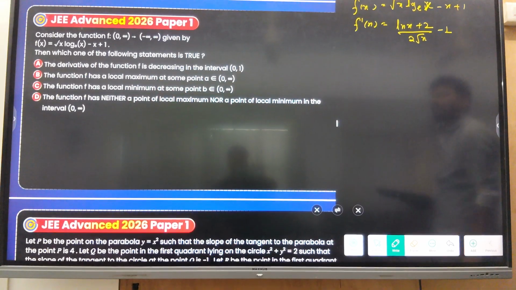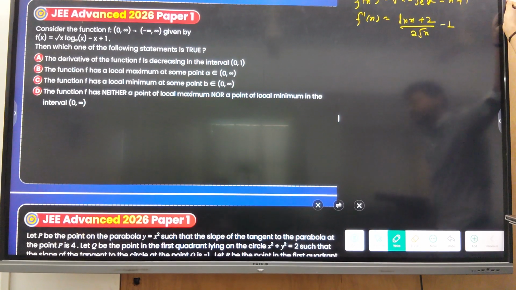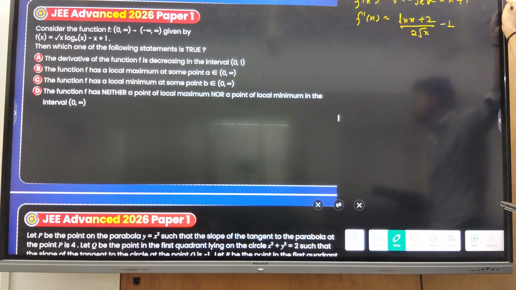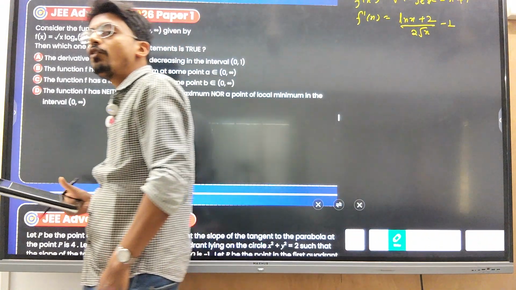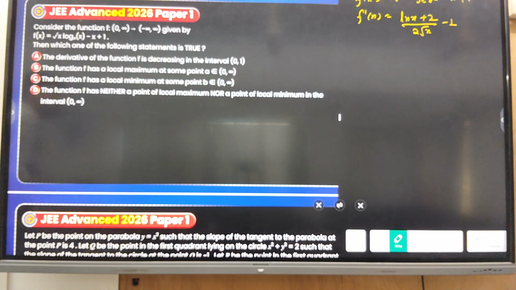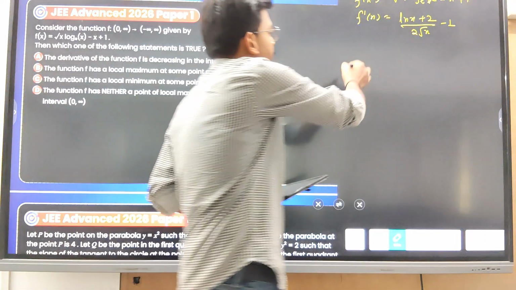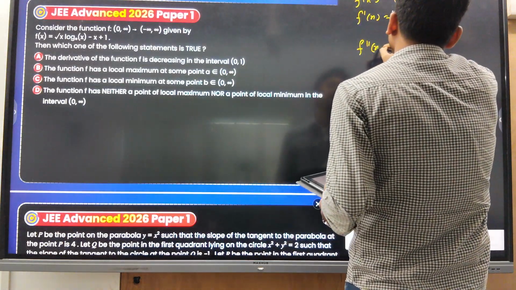Now we have to check in which interval this f'(x) is decreasing. For decreasing we have to find out f''(x), and where f''(x) is less than or equal to 0, in that interval the derivative of this function will decrease.